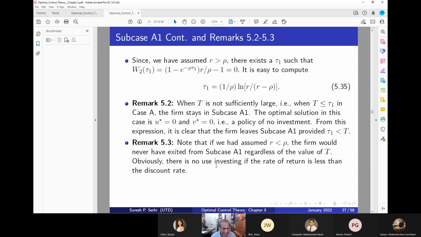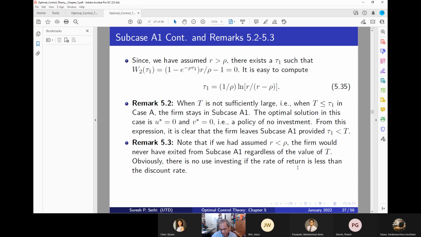It doesn't matter how large T is. And that makes sense, because if your return on investment is less than what the stockholders want, which is the cost of capital, or the stockholders' required rate of return, then the company should not be in business.